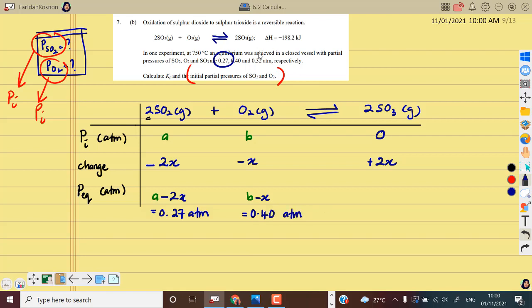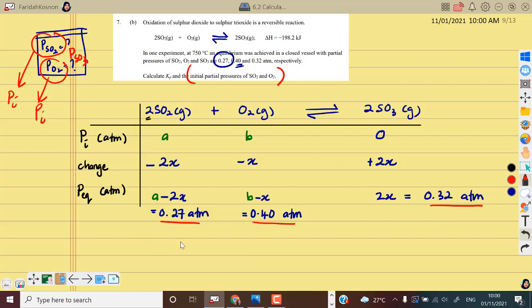Ni pun sama dah diberikan dalam soalan. And for sulfur trioxide, it is equals to 2x where 2x is equals to 0.32 atm. Jadi, yang kita ada sekarang adalah partial pressure at equilibrium. When the system reach equilibrium, kita dah ada partial pressure setiap species itu yang wujud dalam bekas ni lah. Ada reaktan, ada produk.